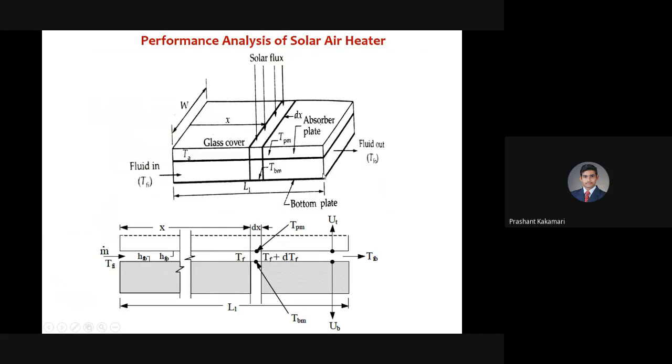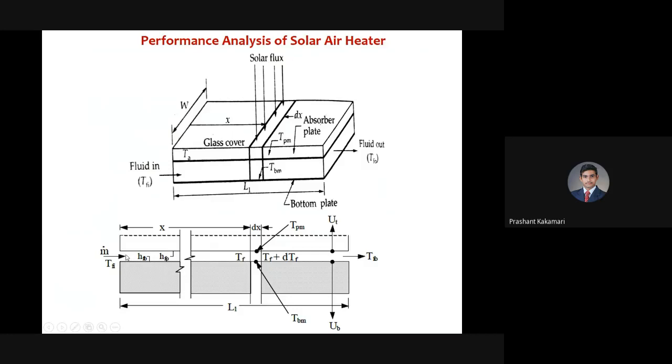As for the air passage, the air may be moving between the absorber plate and the bottom plate, as we are assuming the air absorbs more heat between these two metal plates, not between the glass cover and the absorber plate. So air movement is considered here between the absorber plate and the bottom plate.